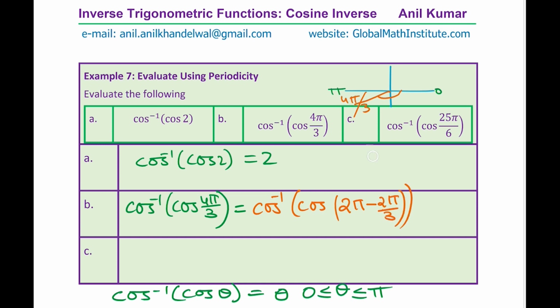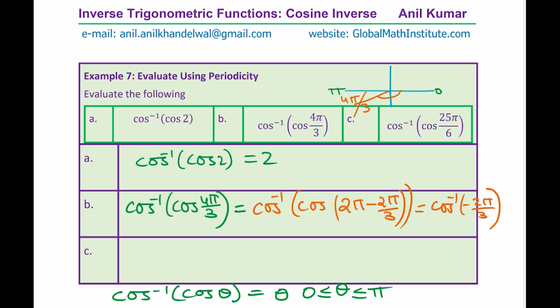That gives you 4 pi by 3, right? 2 pi minus 2 pi by 3 is 4 pi by 3. So that gives you same as 4 pi by 3, right? Now cos is a periodic function, and therefore it should be cos inverse of cos of minus 2 pi by 3. Correct? Now cos is also an even function, right?